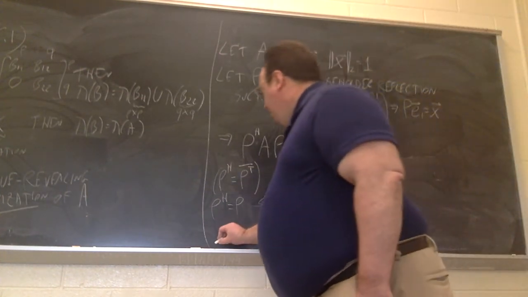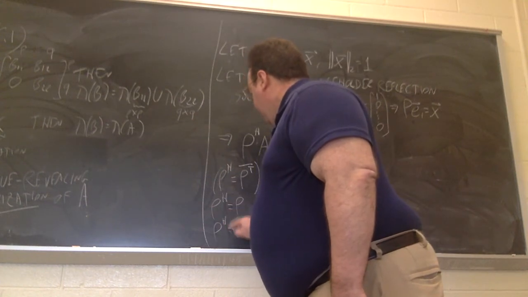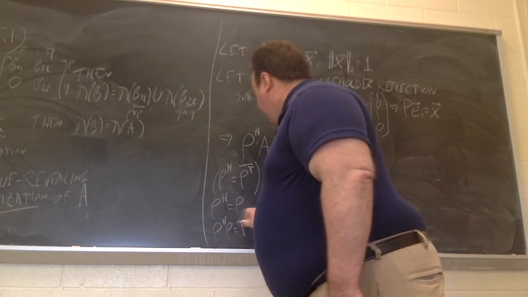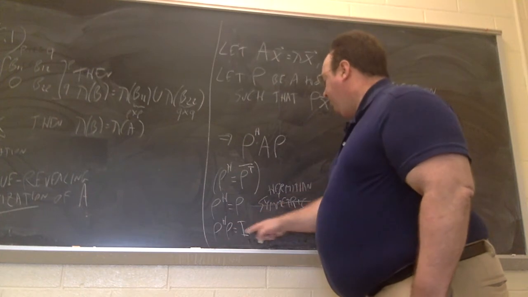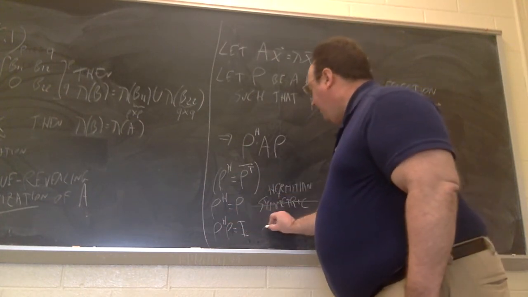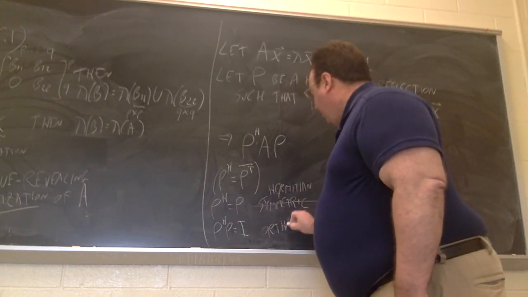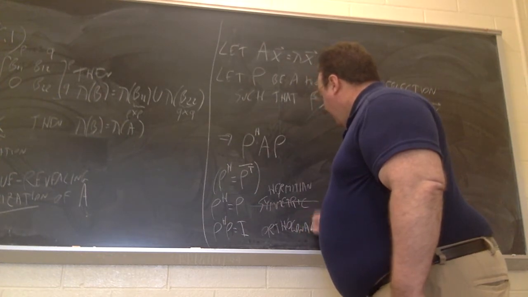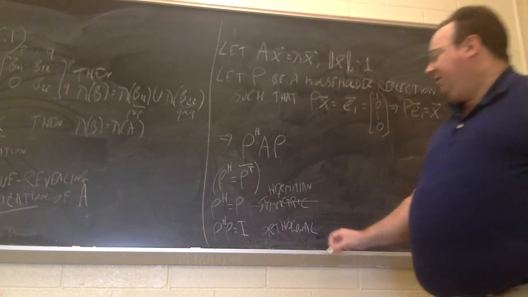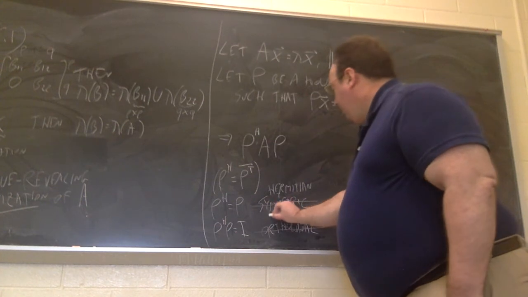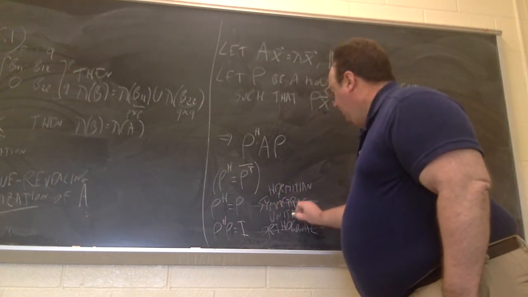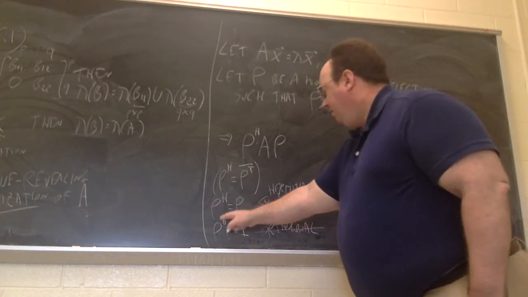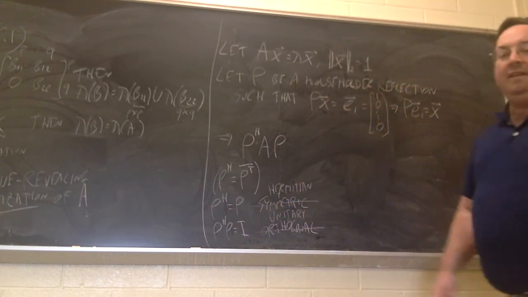And from it being orthogonal, what we said normally, when it's a real matrix, we'd have P transpose P as identity, and we would say it's orthogonal. But when it's allowed to be complex, we call it unitary, and say P^H P is equal to identity.